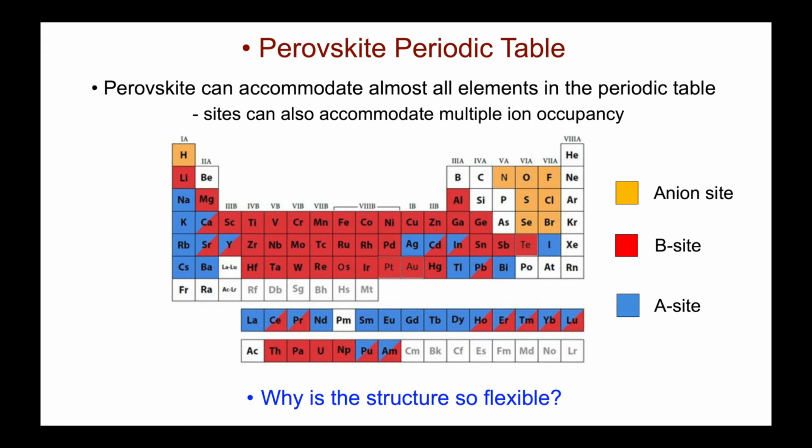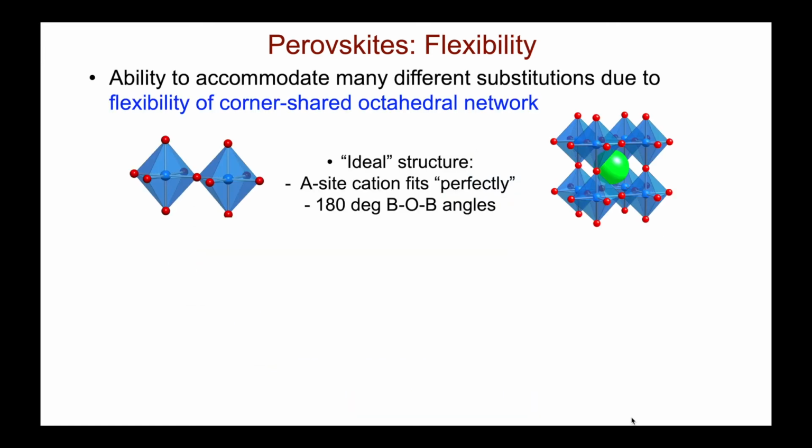And as long as we charge balance, this structure can accommodate just about everything. But what is it about this structure that makes it so flexible? Well, that chemical and structural flexibility comes back to those corner-shared octahedra. So the whole structure is based on this corner-shared octahedral network, and I'm sure you can imagine that the center of this linkage between the two octahedra, it's almost like a hinge.